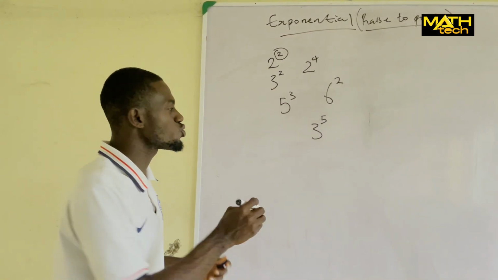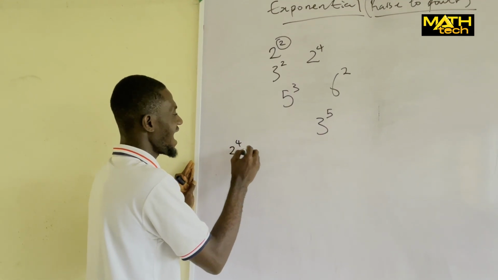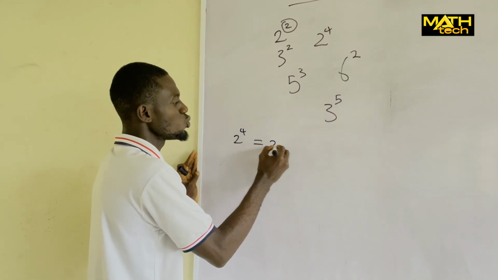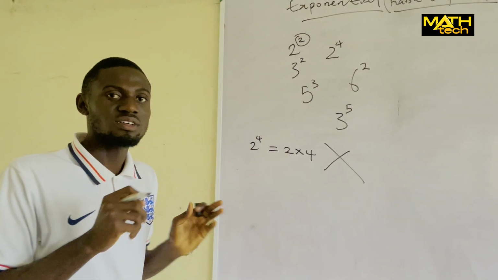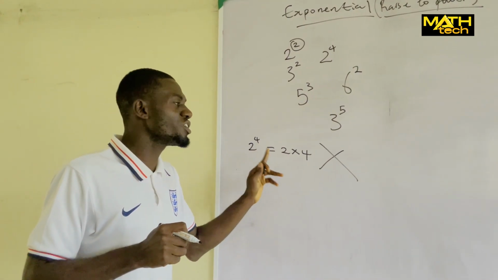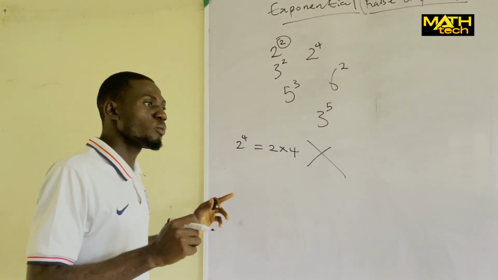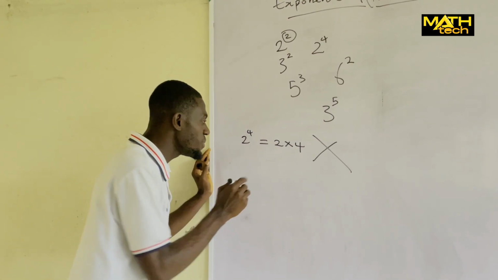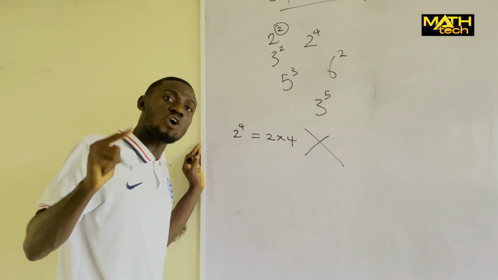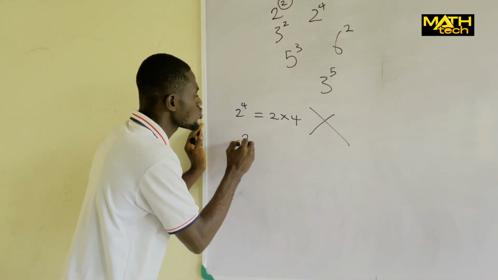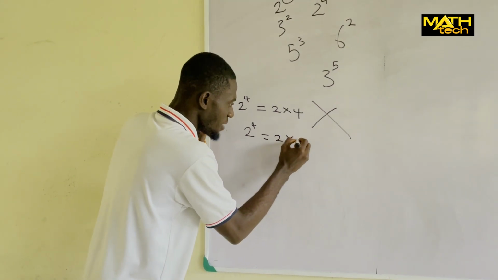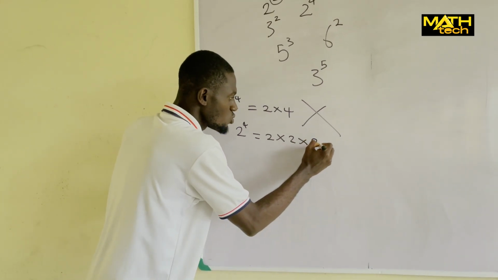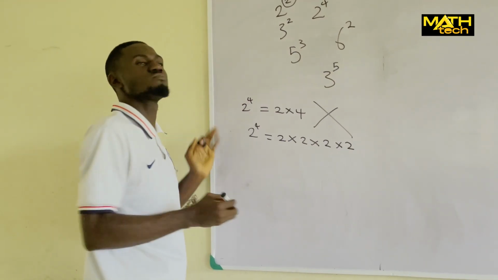Now most people see 2 raised to power 4 as 2 times 4, and this is wrong. 2 raised to power 4 is not equal to 2 times 4. But 2 raised to power 4 means you are multiplying 2 four times. So we say 2 raised to power 4 is equal to 2 times 2 times 2 times 2.